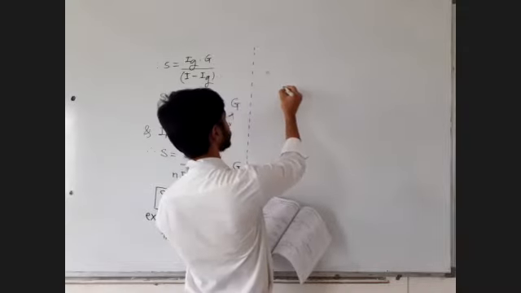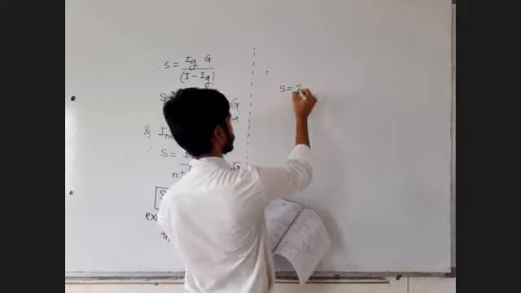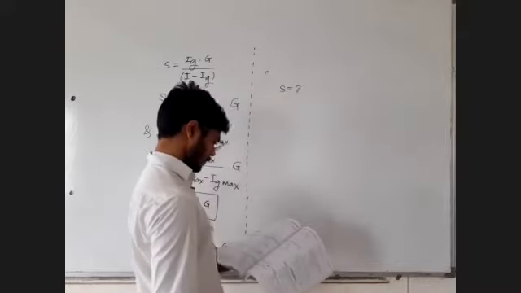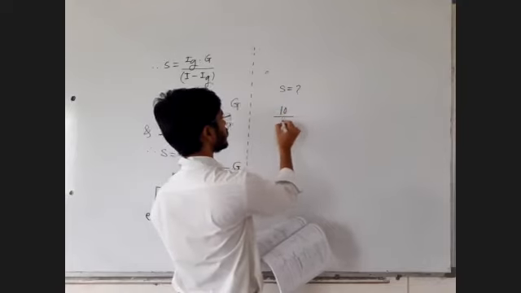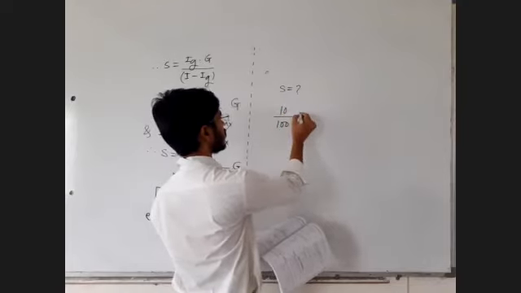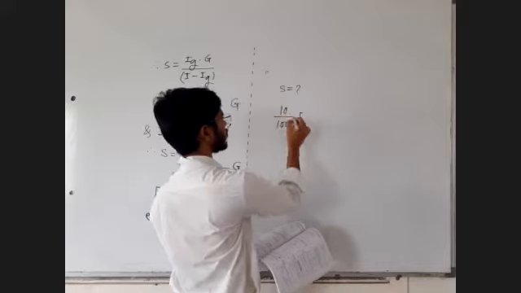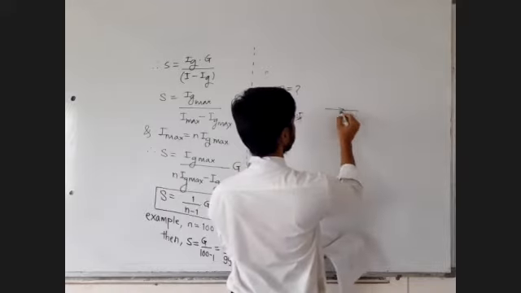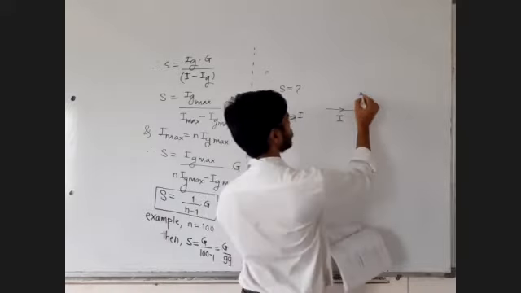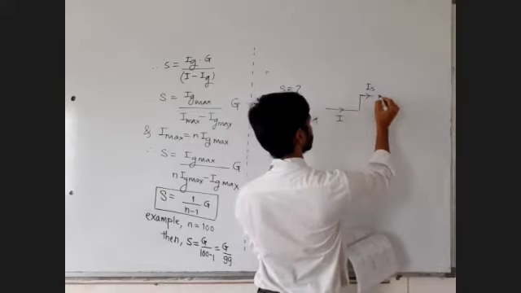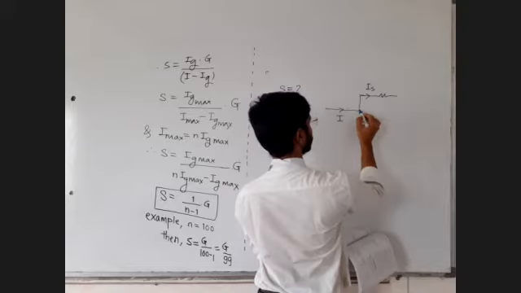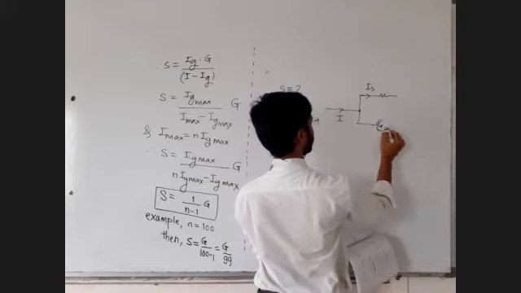What is the value of shunt? S is equal to question mark, which passes 10% of main current. Main current is I. If this is an ammeter, this is called the main current. This is called the current in the shunt, Is. And this is called the current in the galvanometer, Ig.